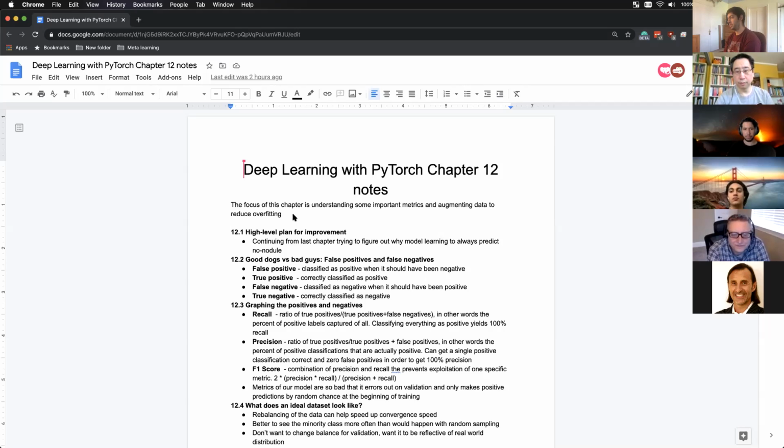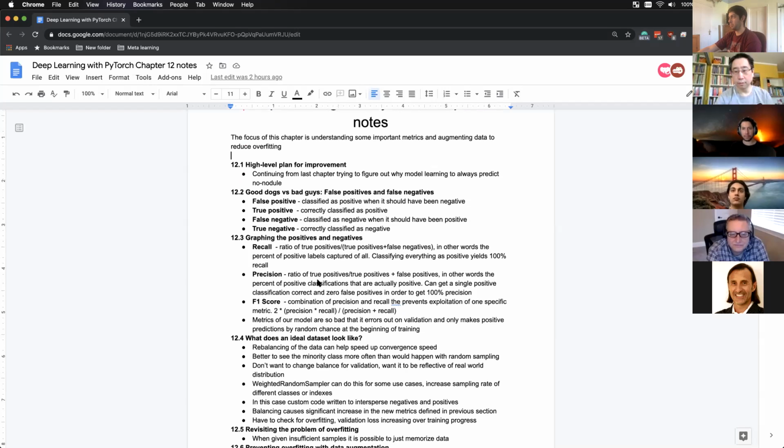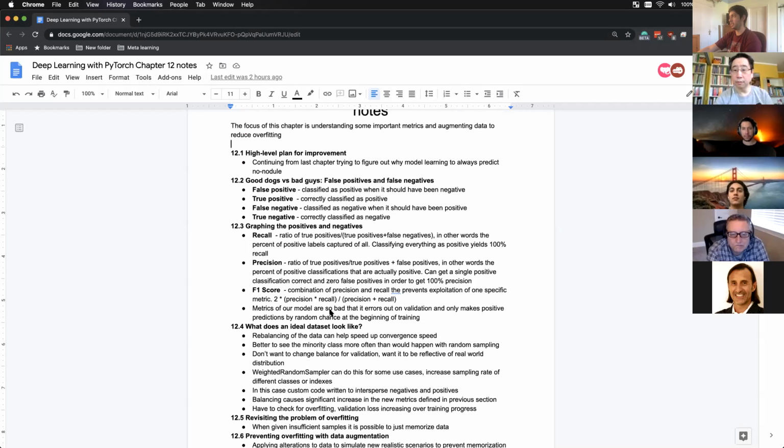So the example of a false negative is a burglar gets in and nothing's detected. And then the true negative is there's nothing going on and nothing is detected. So that's the four different pieces of what typically makes up the confusion matrix that they didn't touch on, but I think is probably important to at least mention.